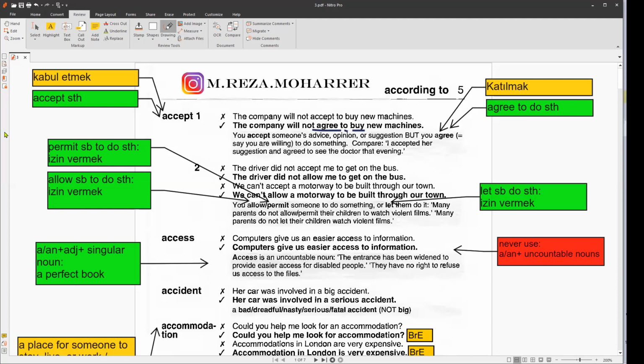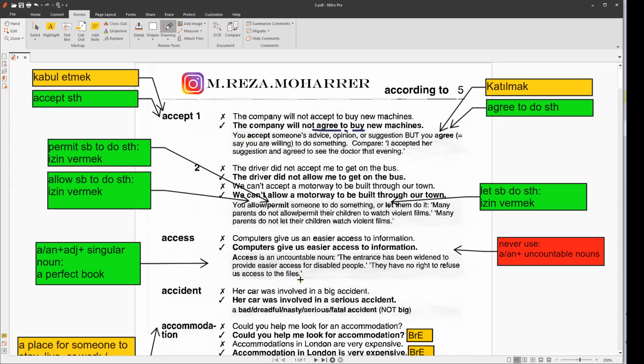The other one, accept. We say accept something. We don't say accept to do something. No, we say accept something. As you see here, Yağmur, please read this part.